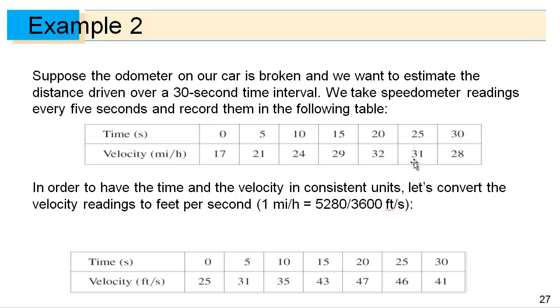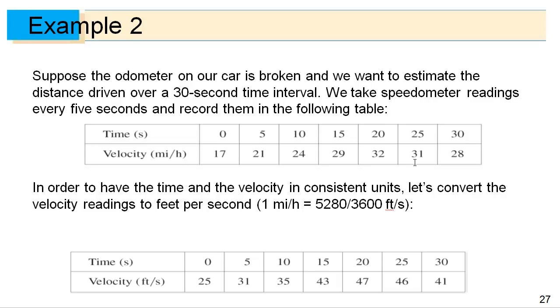So starting when we first start the stopwatch, time equals 0. We're traveling at 17 miles per hour. After 5 seconds, we're up to 21, right? At the 10-second mark, we're now traveling at 24, 15-second mark, 29, so on and so forth. Obviously, we're in no hurry to get wherever we're going.